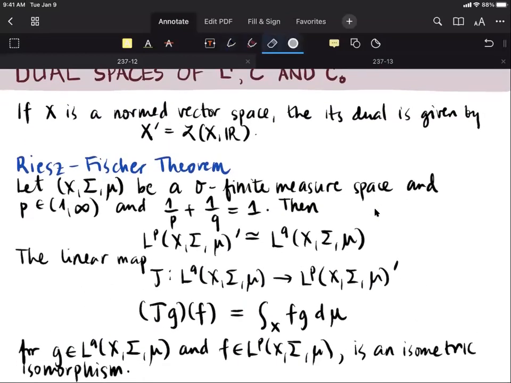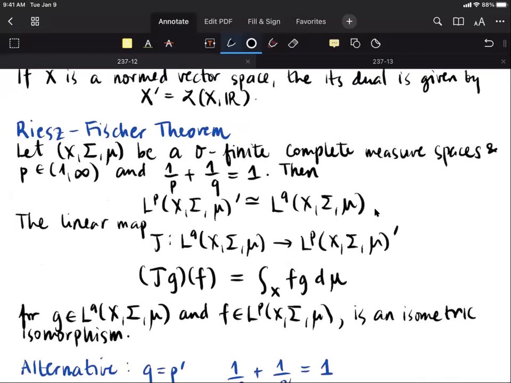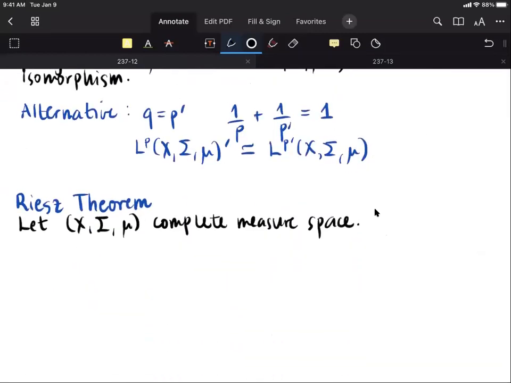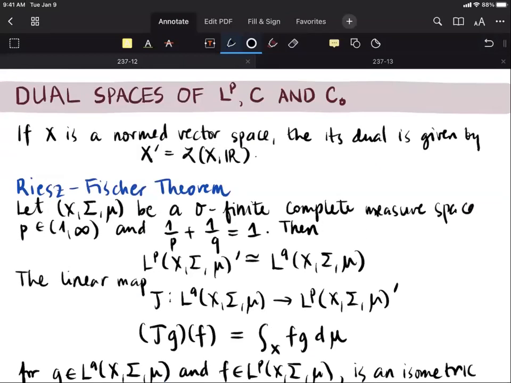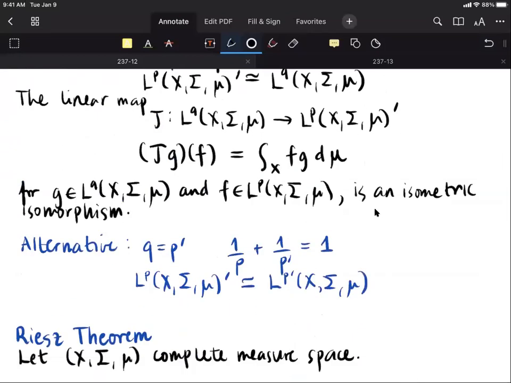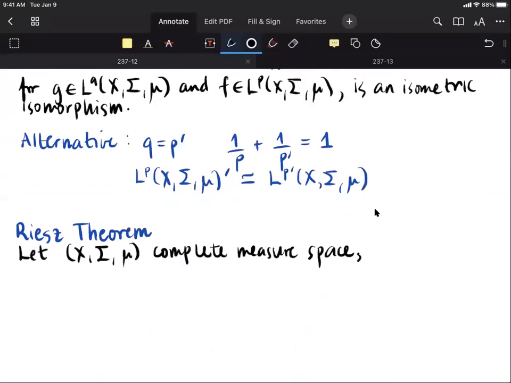Let us emphasize that the measure space is also complete. So going back here, we copy the assumption: P is between 1 and infinity, and Q is dual.